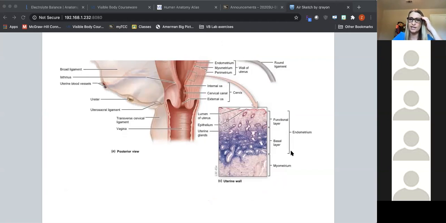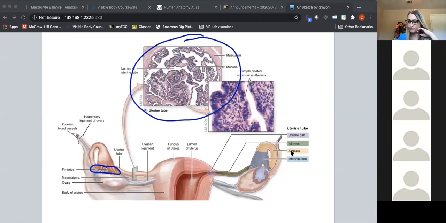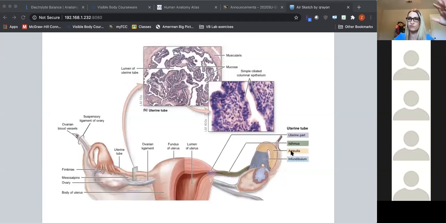The uterus is a muscular organ, and actually, let me go back to this still. The uterus has several regions. The rounded part of the uterus is the fundus of the uterus, and generally during pregnancy, doctors will measure the height of the fundus, and the height of the fundus corresponds to the gestation of the fetus in weeks.